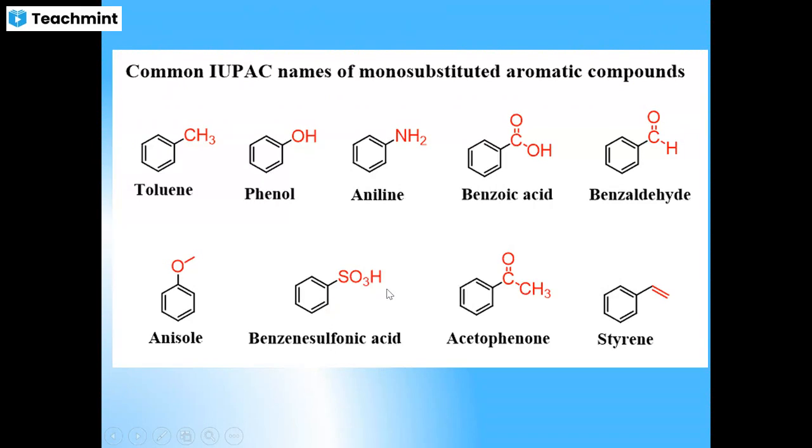An SO3H group is present, which is the sulfonic acid group, present on this benzene ring, and this is a family, so we give the name benzene sulfonic acid. Then acetophenone. Here a COCH3 substituent is present, so the name is acetophenone. Then styrene. A carbon-carbon double bond is present outside the benzene ring, so the common name is styrene.